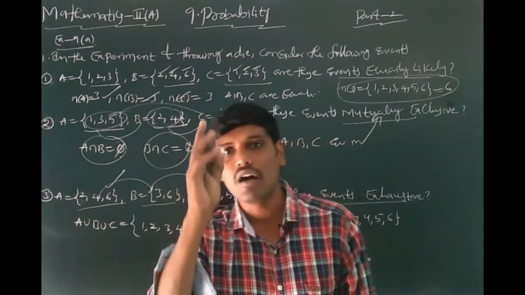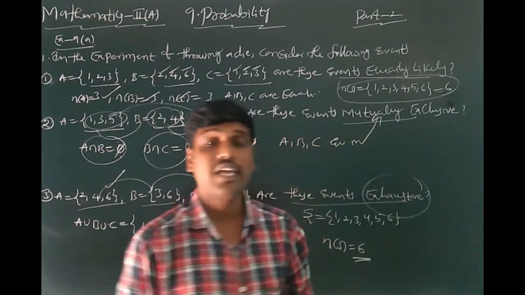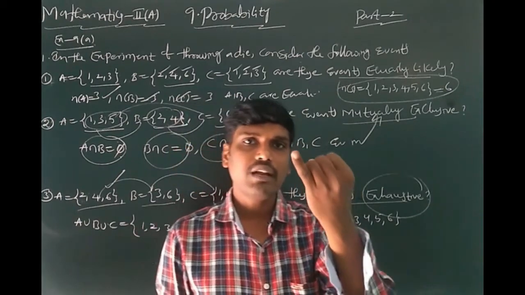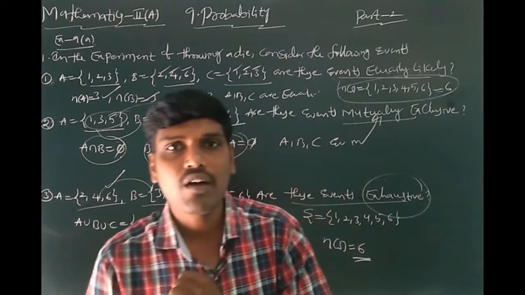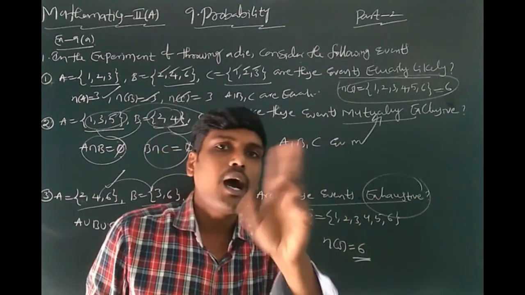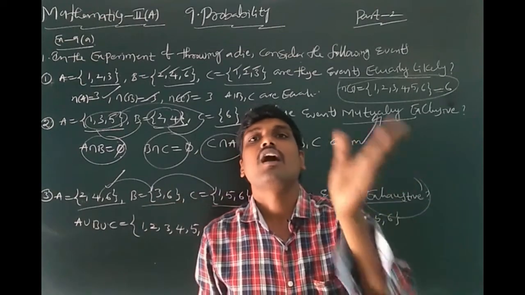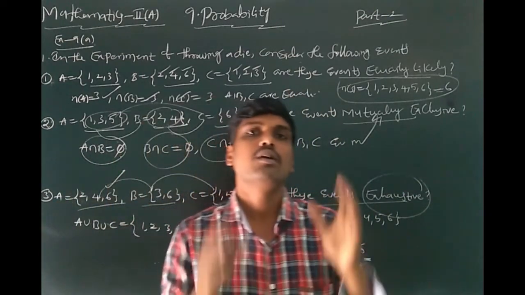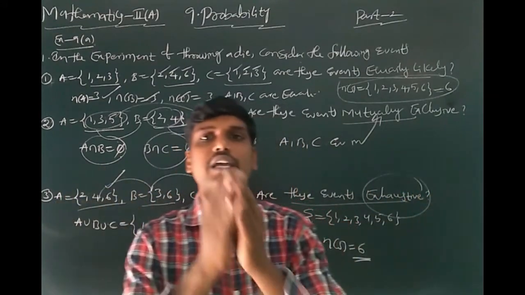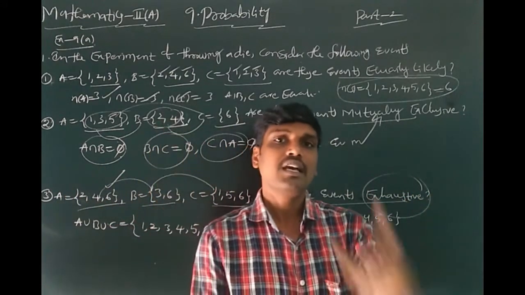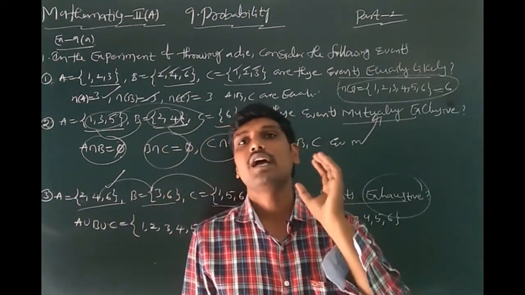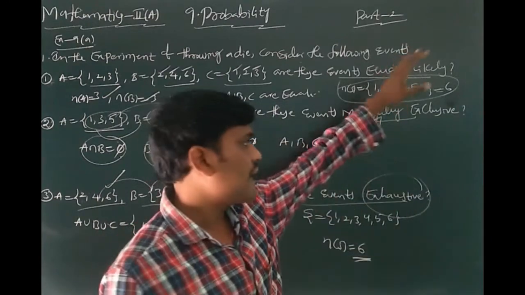Those events are called exhaustive events. Understood or not, friends? Equally likely is nothing but events having an equal number of elements. Next, exclusive events: the common elements of any two events is empty, that value is equal to phi. Exhaustive events are nothing but the combination of all events equal to the sample space. This is the exhaustive, exclusive and equally likely events problem, definitions and examples.